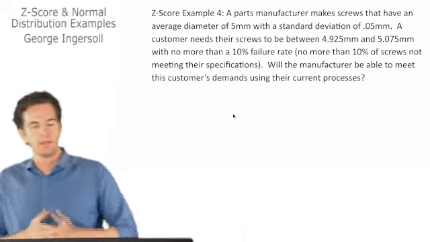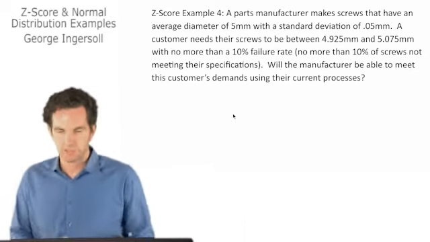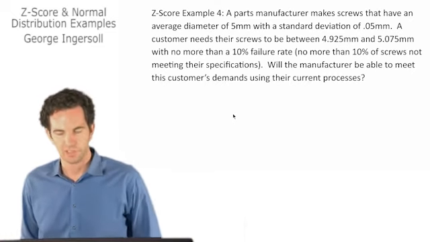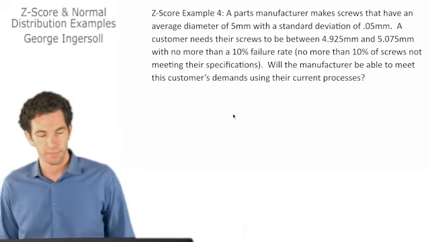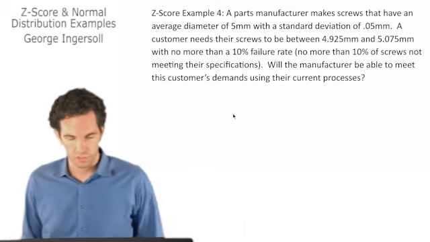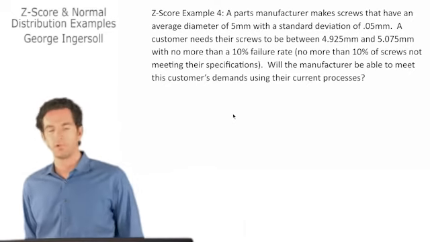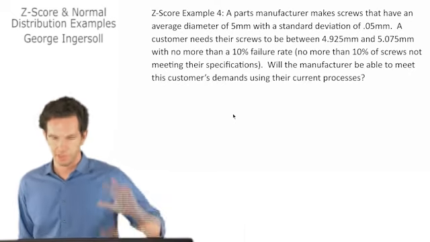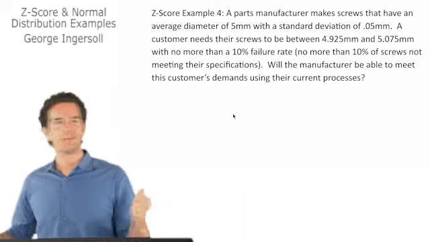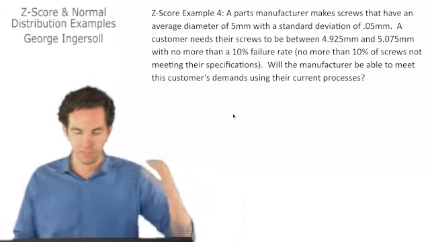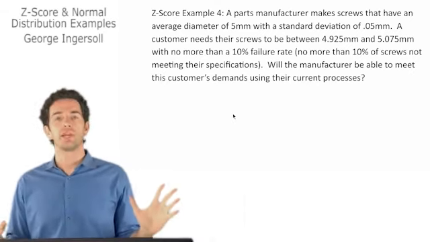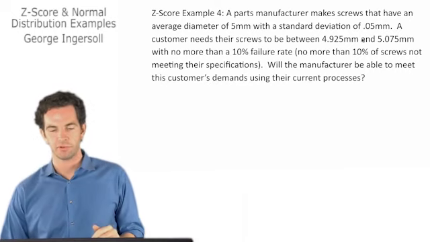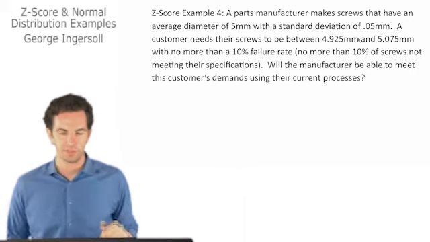Example 4. A parts manufacturer makes screws that have an average diameter of 5 millimeters with a standard deviation of 0.05 millimeters. A customer needs their screws to be between 4.925 millimeters and 5.075 millimeters with no more than 10% failure rate, meaning every box of screws they get from their suppliers, they can't have more than 10% of the screws outside of this range, 4.925 and 5.075 millimeters.